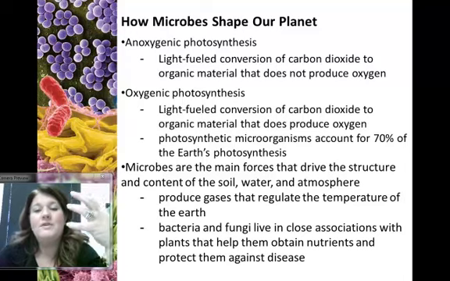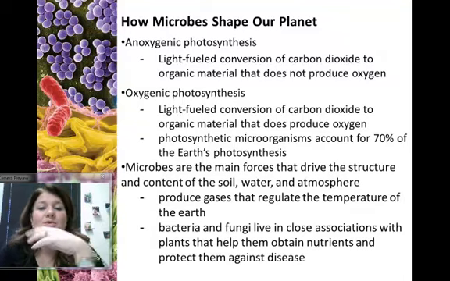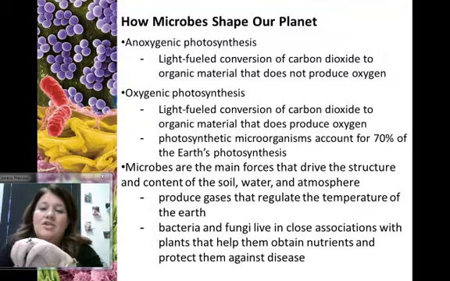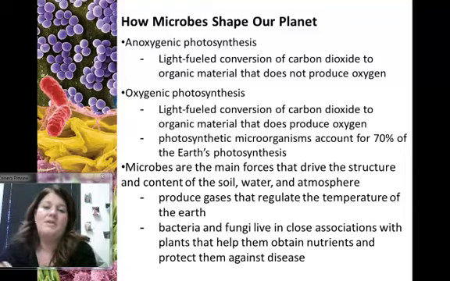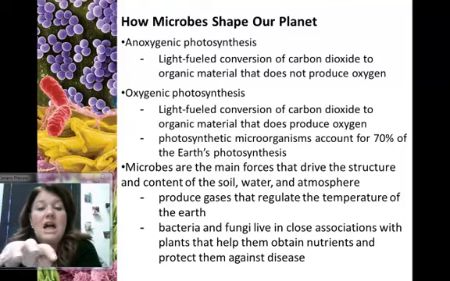We were probably still capturing light and repurposing it as a form of energy, but it was probably anoxygenic photosynthesis, in other words, photosynthesis that does not produce oxygen. Eventually, there was a shift to oxygenic photosynthesis, and photosynthesis actually began producing oxygen.